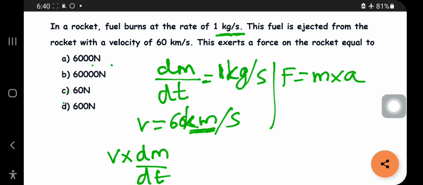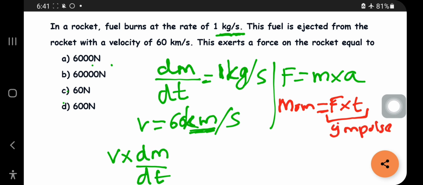The thing here is, momentum change is given by force into time, otherwise called impulse, right? So what is the momentum change? It is given by mv. Then if we want the force here, what should we do? Momentum by time, right?